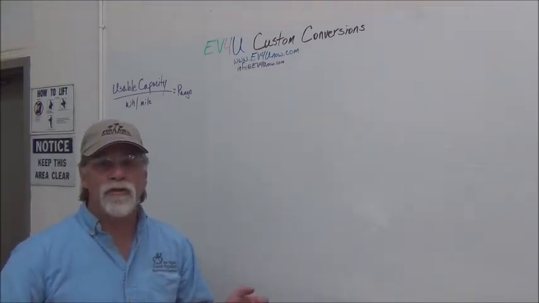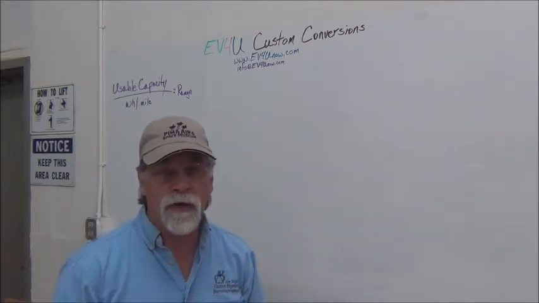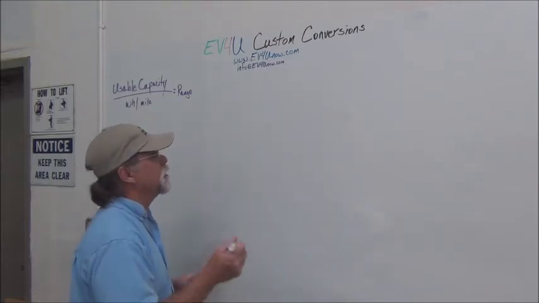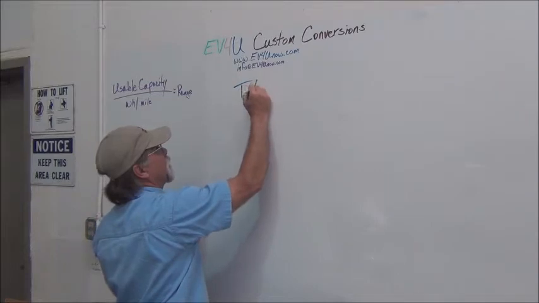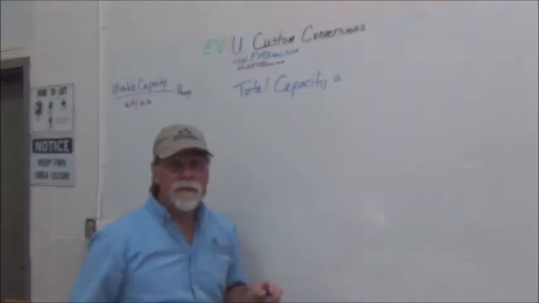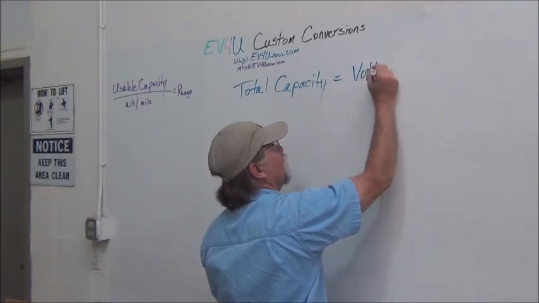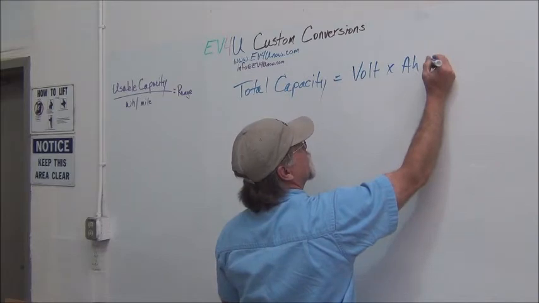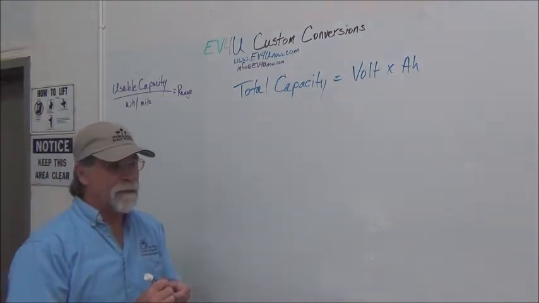What is usable capacity? Well, to get to usable capacity, we first have to know what the total capacity is. And to figure the total capacity of your battery pack, it's equal to the voltage times the amp hour rating.